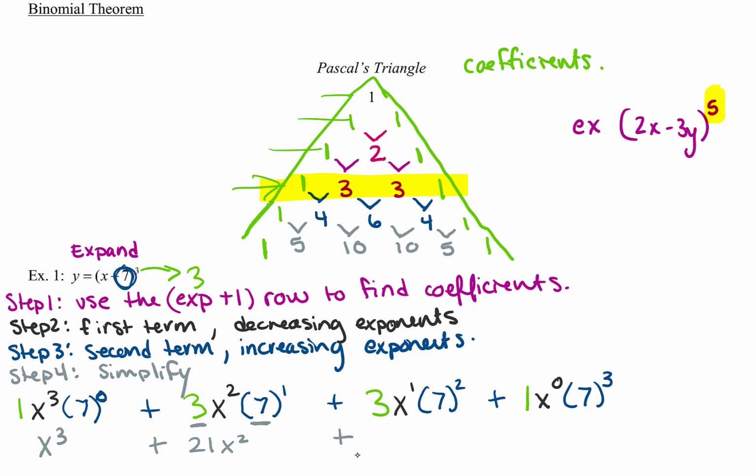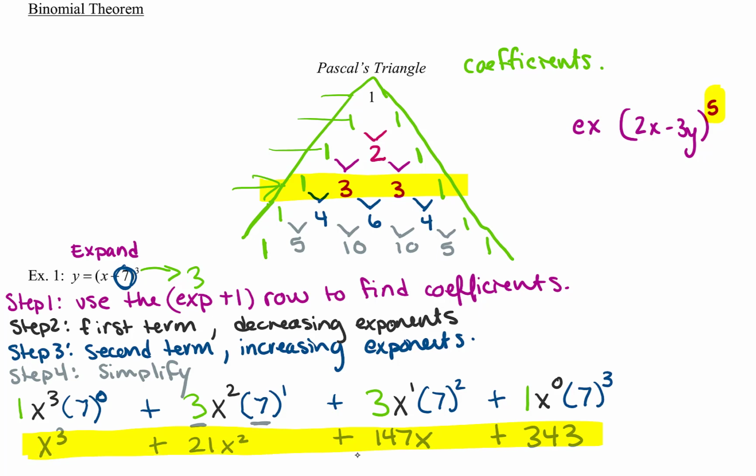That gives me 49. I multiply 49 times 3. I get 147. And the last term, x to the 0 is 1. 7 cubed times 1 is 343. This last row is my final answer.